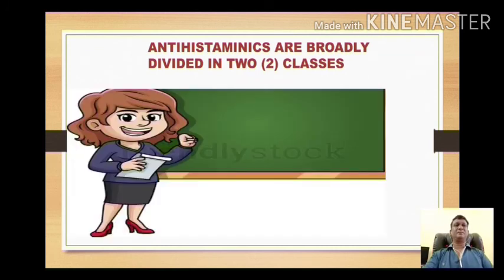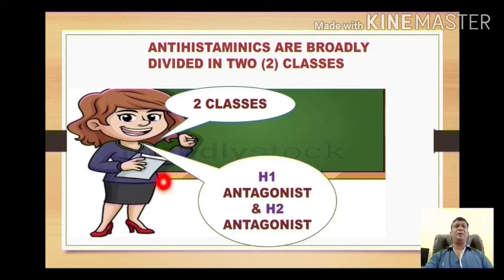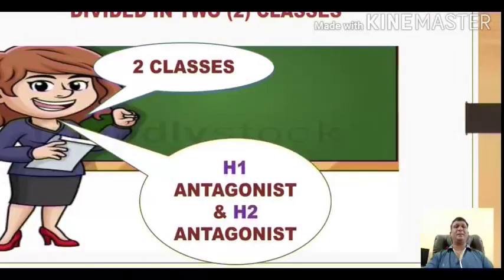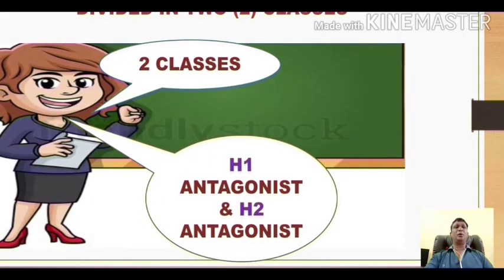The antihistaminic drugs are broadly divided in two classes. How many classes? These are divided in two classes. The first class is called as H1 antagonist and the second class is called as H2 antagonist.